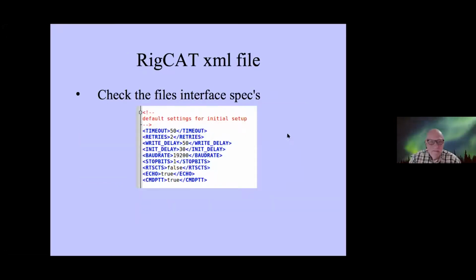So the XML file is human readable, but it does use an XML type of structure. So you'll see things like timeout 50 /timeout, that relates to the timeout that you saw on a configuration page.